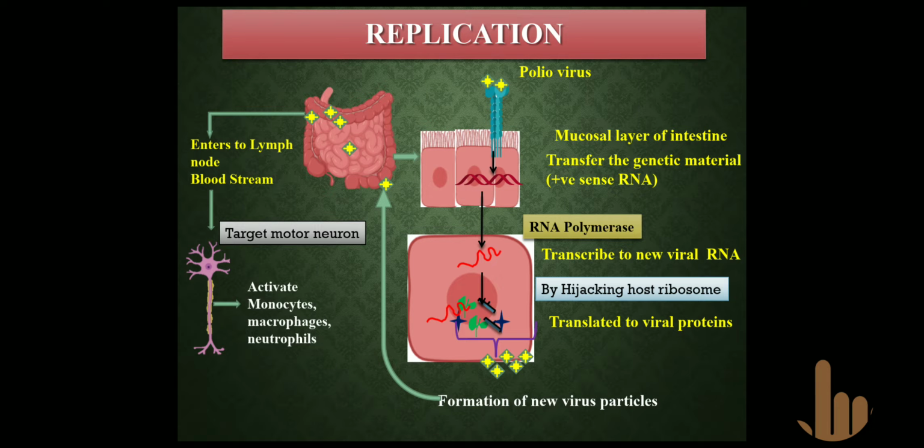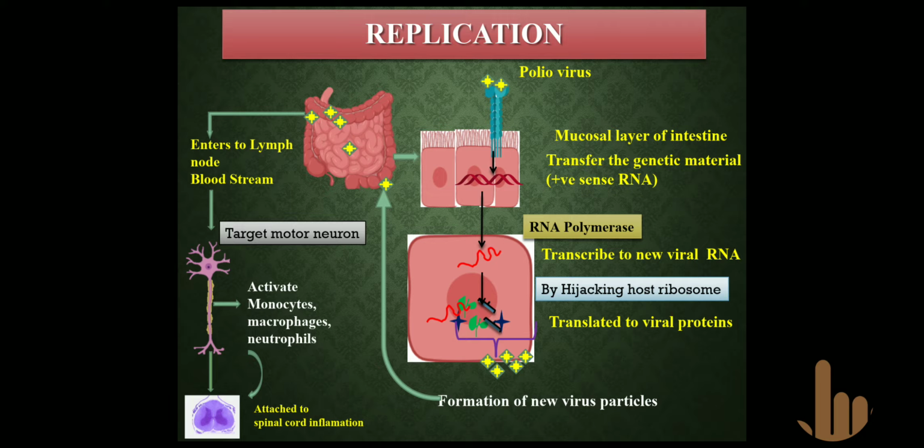This virus targets the motor neuron, and this activates monocytes, macrophages and neutrophils. Obviously, when all these monocytes, macrophages and neutrophils come to that point, they will create inflammation. This motor neuron is connected to our spinal cord, and this inflammation will lead to an attack on the spinal cord.